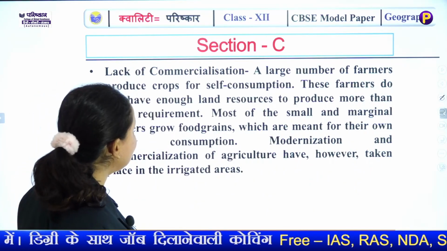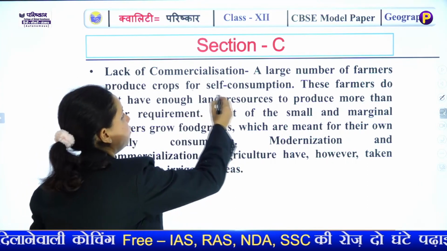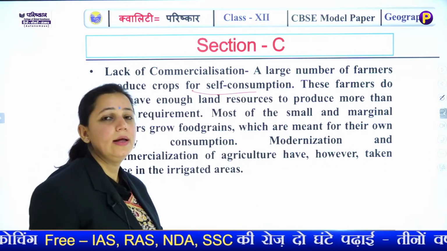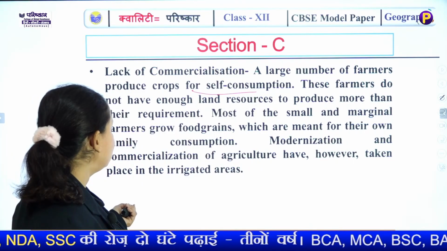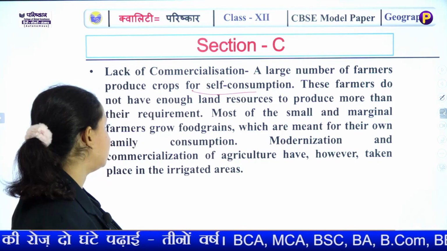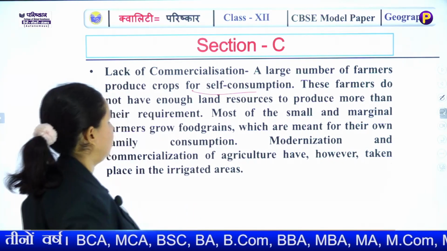Lack of commercialization, because most of the crops are grown for self-consumption, or they are distributed only in the adjoining areas. So the farmers grow food grain for their own family consumption, so there is less commercialization.